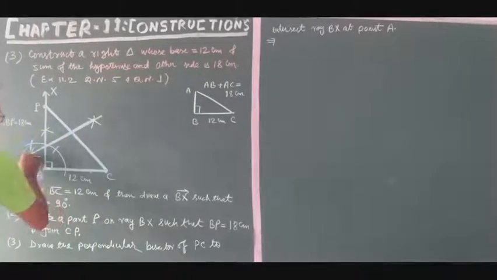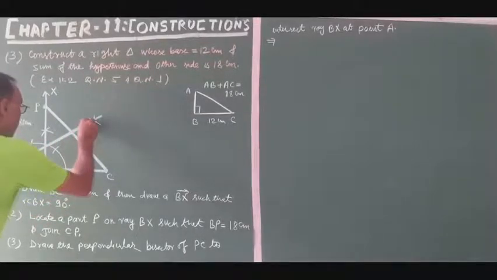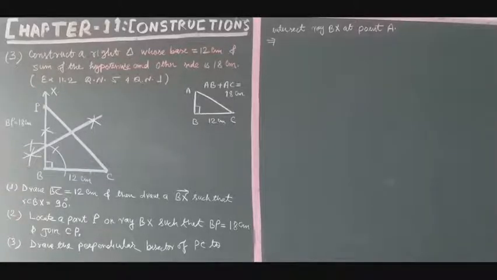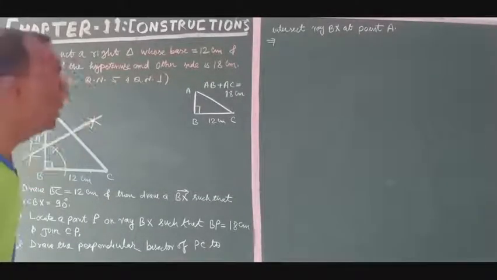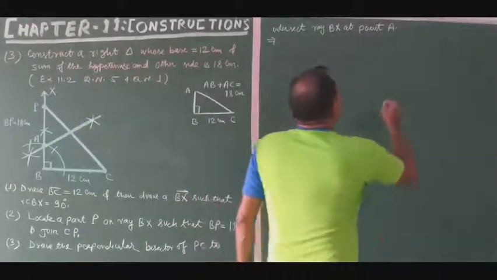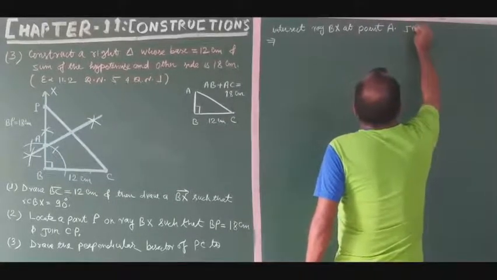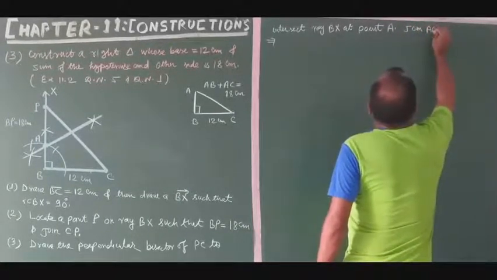So this is the perpendicular bisector of PC. This will intersect where? Ray BX at point A. This is point A. And we will then join AC.